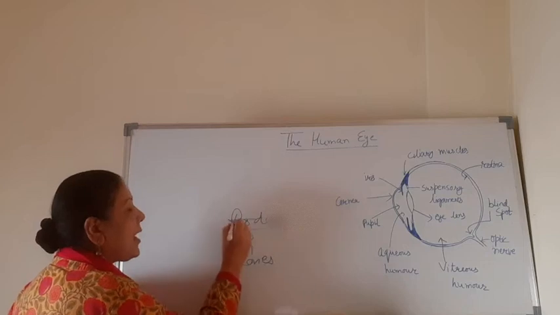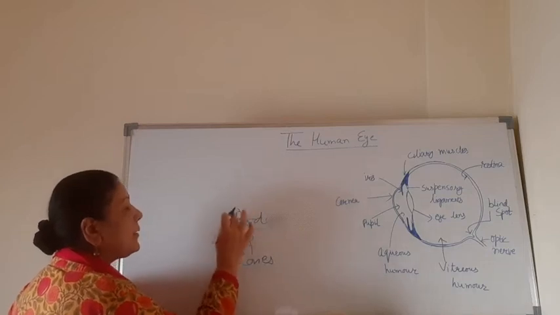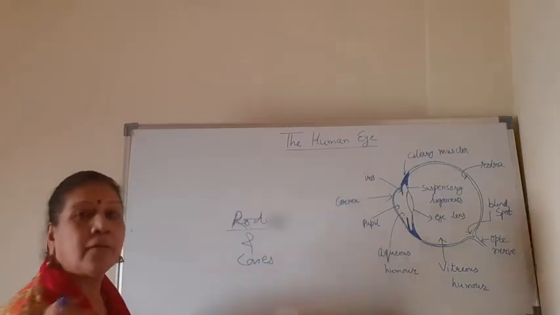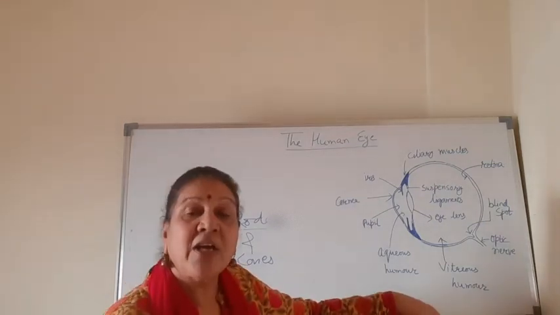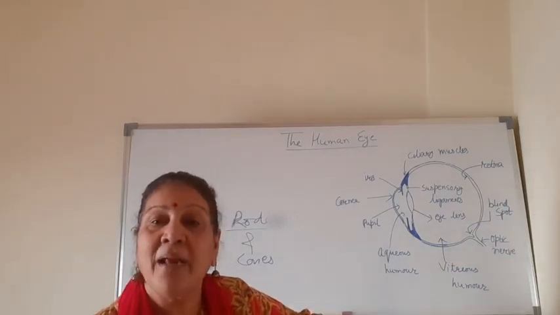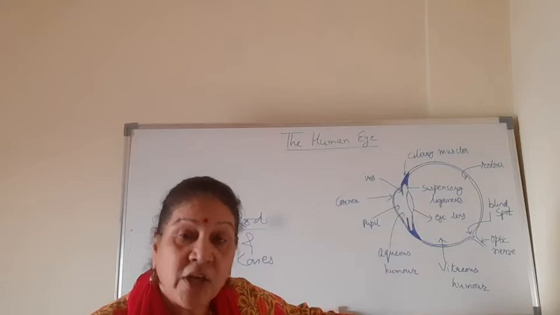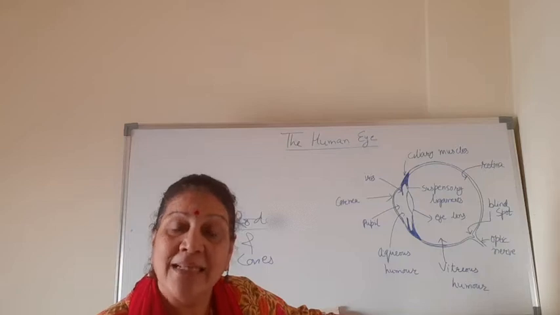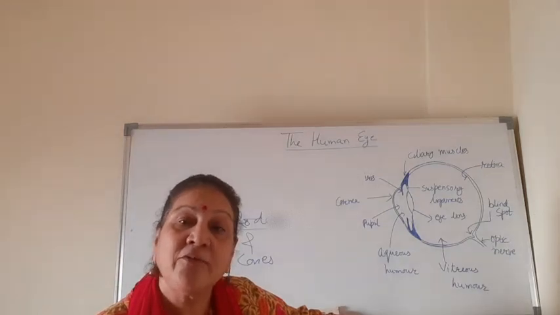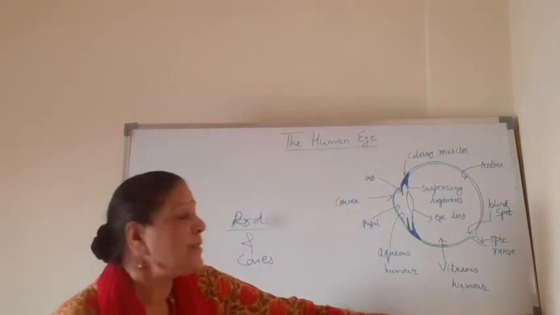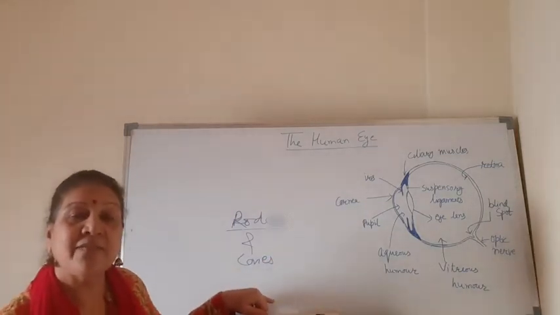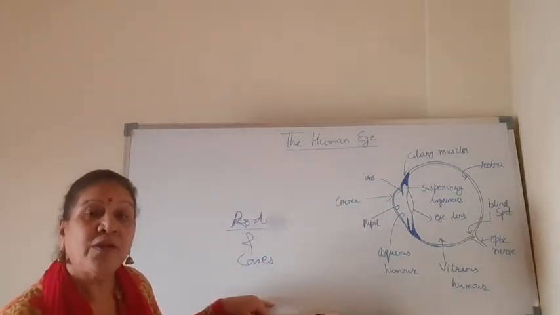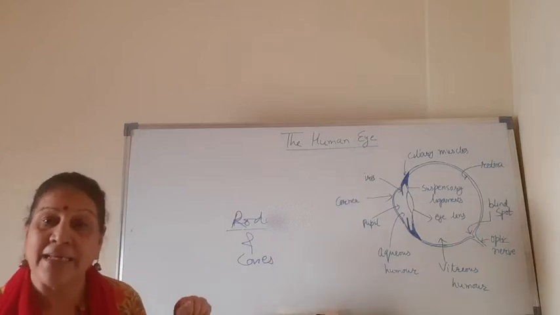Rods are rod-shaped cells which are sensitive only to dim light, not to colors and bright light. The cones are the light-sensitive cells which are sensitive towards colors and bright light.